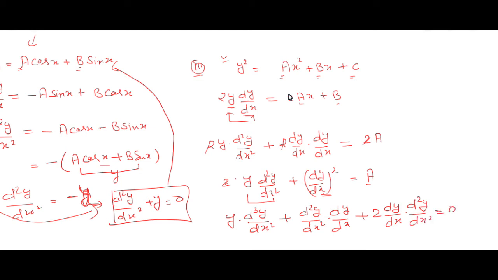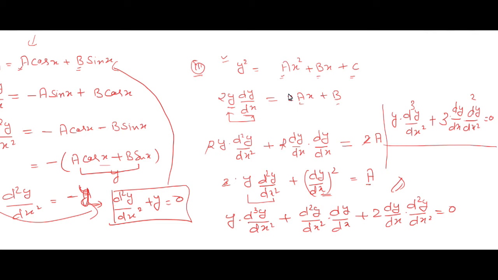Now we have removed all the coefficients a and b, so you can write this equation like y into d3y by dx cube plus you can add these two terms, you will get dy by dx into d2y by dx square equal to 0.